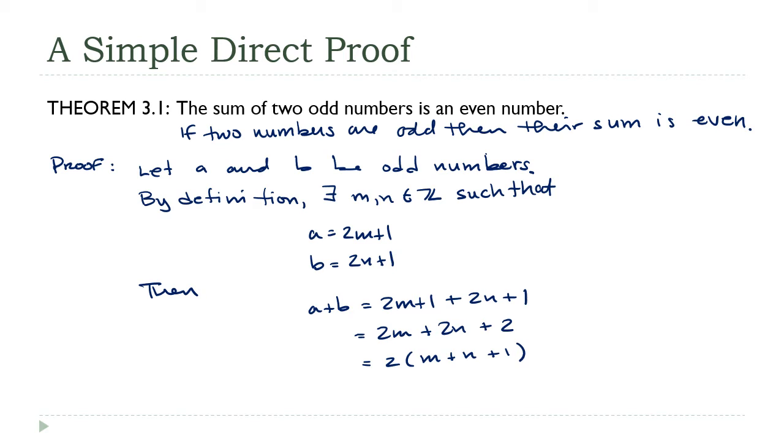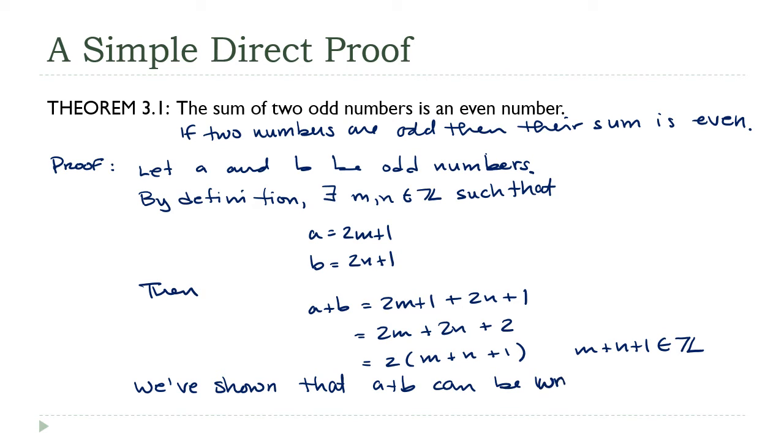Since m plus n plus 1 is an integer, what we've shown is that A plus B, the sum of the two numbers, can be written as 2 times an integer.